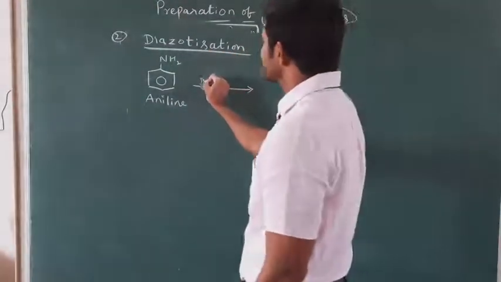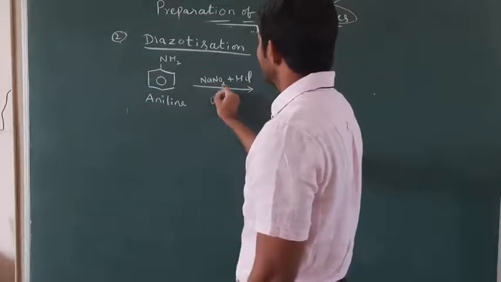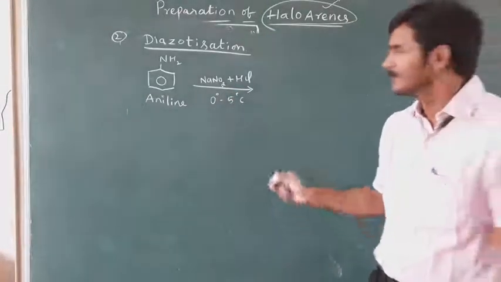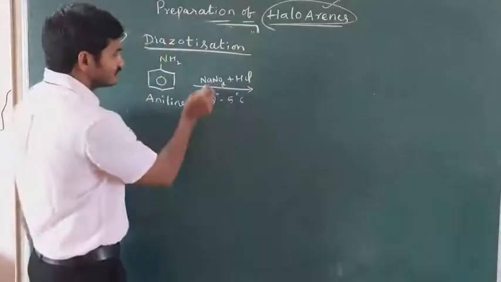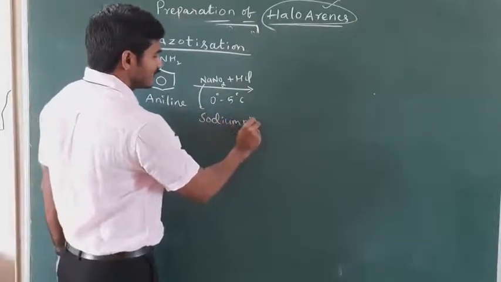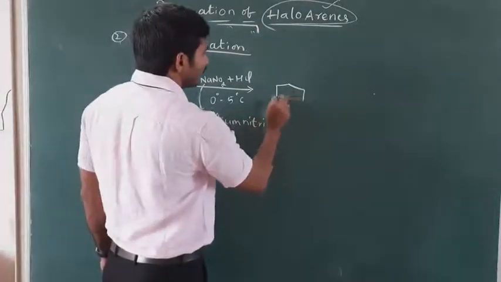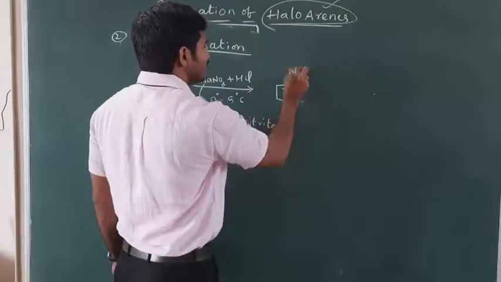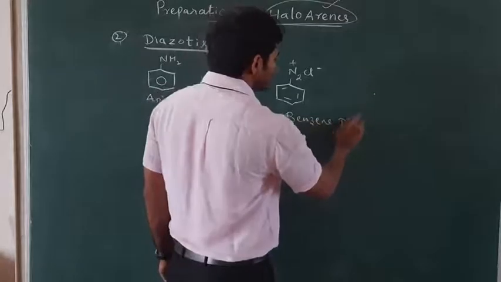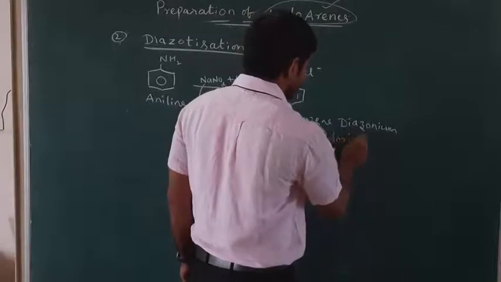Aniline on reaction with sodium nitrite and HCl at 0 to 5 degrees Celsius, that is 273 to 278 Kelvin, sodium nitrite plus HCl, converts the NH2 group into N2+ Cl minus. This is benzene diazonium chloride.